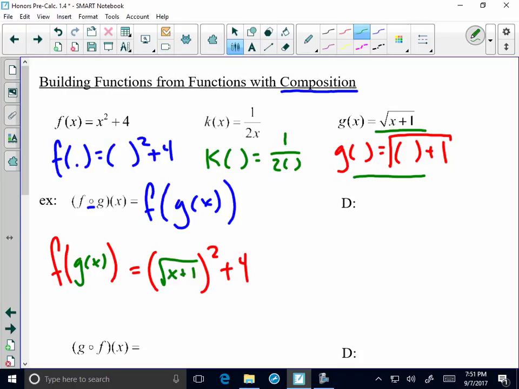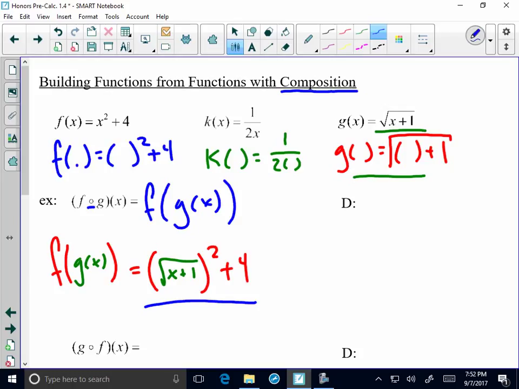Now, when we're evaluating the domain of these composition of functions, we want to evaluate the domain at the instant that we put the two functions together. And what we're going to do is first look at the domain restrictions for the inside function, and then think about the domain restrictions that we're going to get for the composition of the functions, right? So what are the operations of the outside function going to do to that domain?